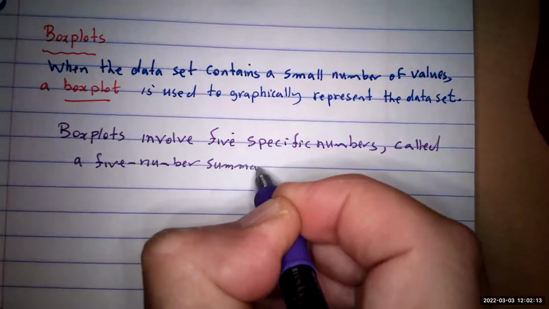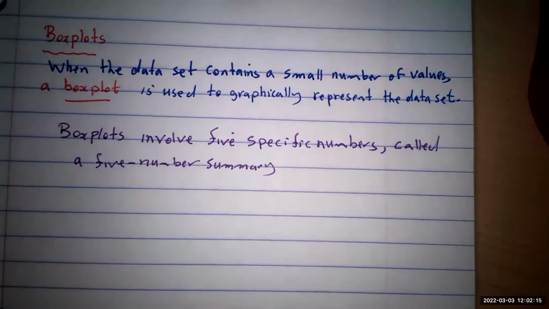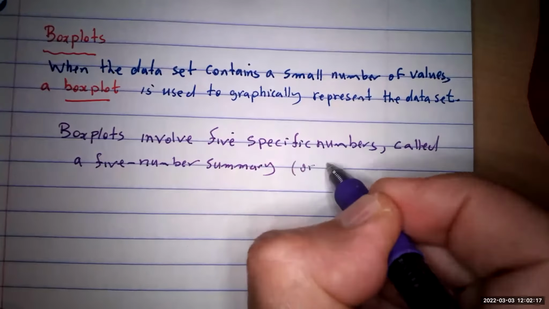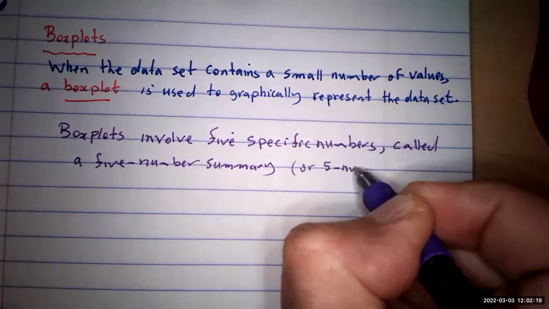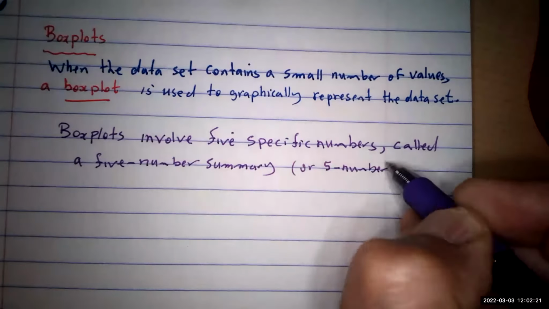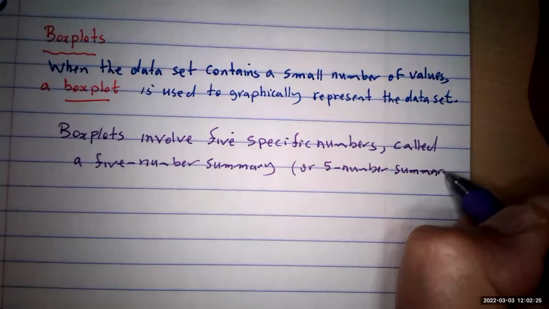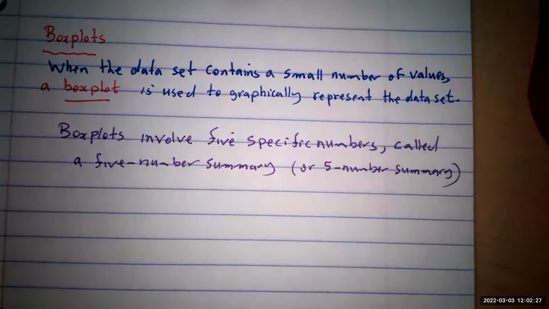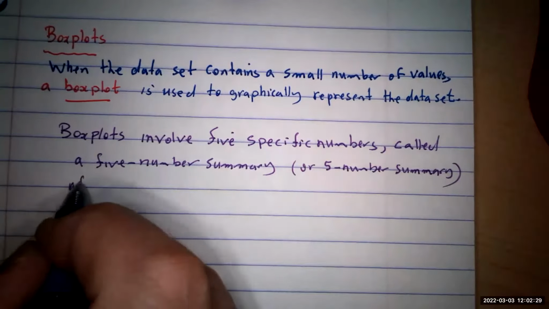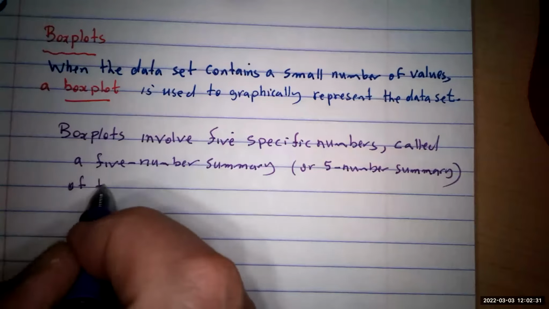That's the expression that you use in your book. Okay, a five-number summary of the data set.